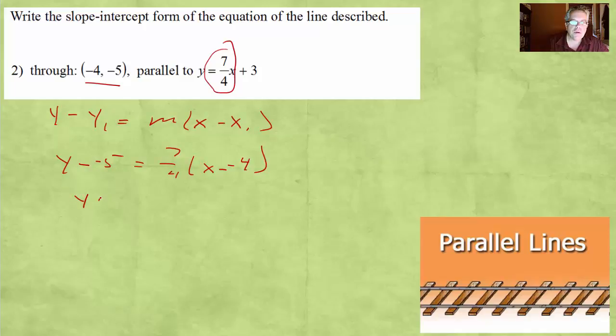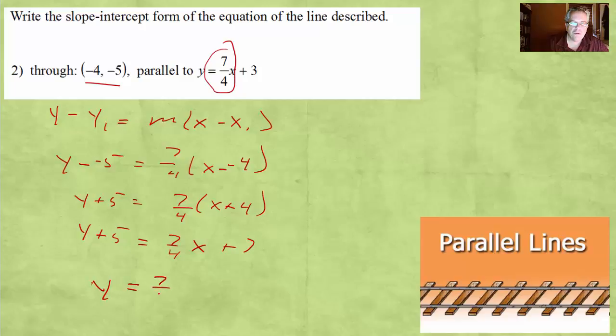We can write this as y plus 5. x minus the negative 4 is the same as x plus 4. Then we can distribute the 7/4 and solve for y. 7/4 times 4 is 7. So we get y equals 7/4 x plus 7 minus 5, which would be plus 2. There we go. Okay, so that's parallel lines.